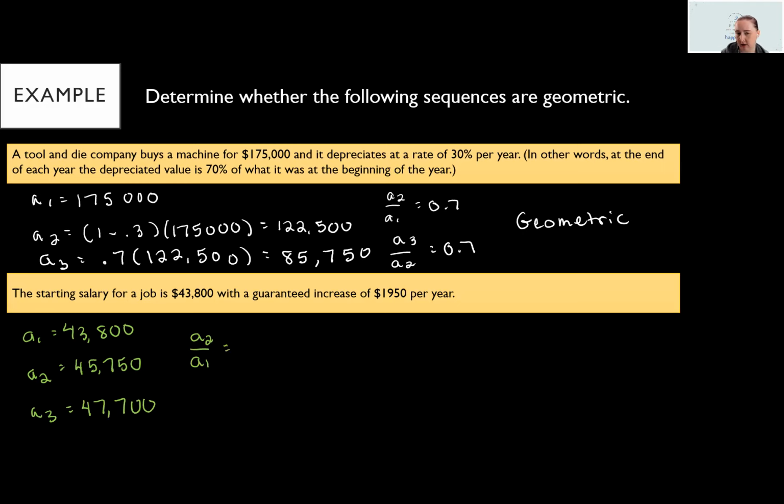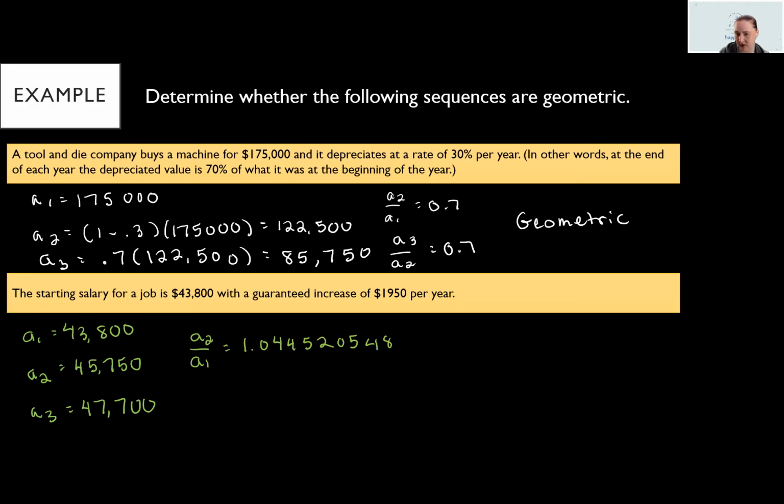So A2 divided by A1. So it's 45,750. I just divided in the wrong order on my calculator. So 45,750 divided by 43,800. And we get 1.04452054 and so on.